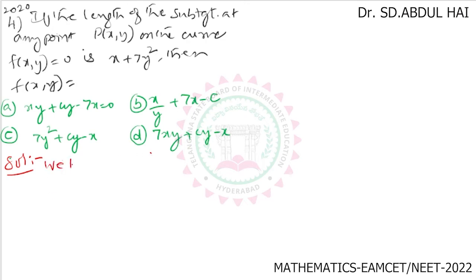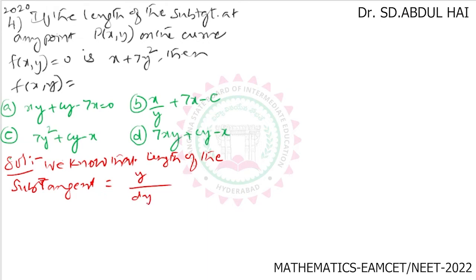We know that the length of the subtangent is equal to y by dy by dx. But what is given? It is given as x plus 7y square is equal to y by dy by dx.